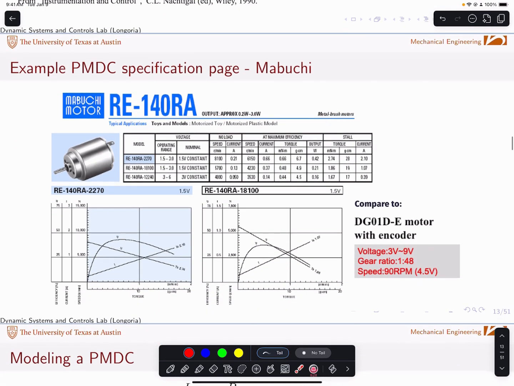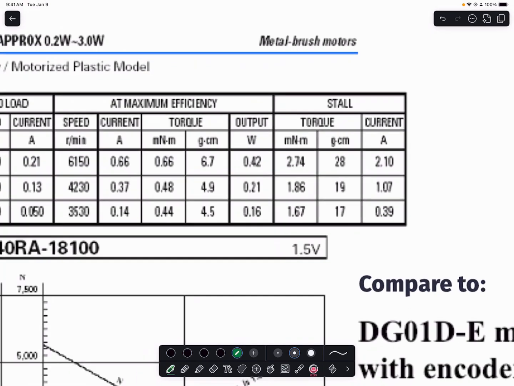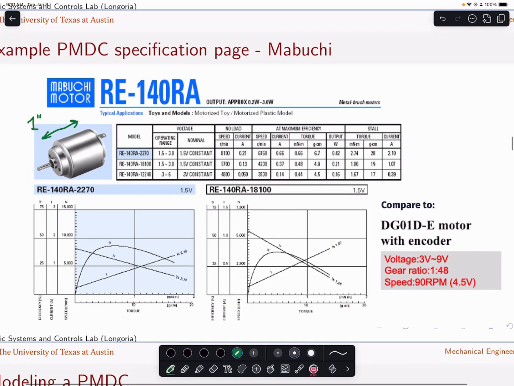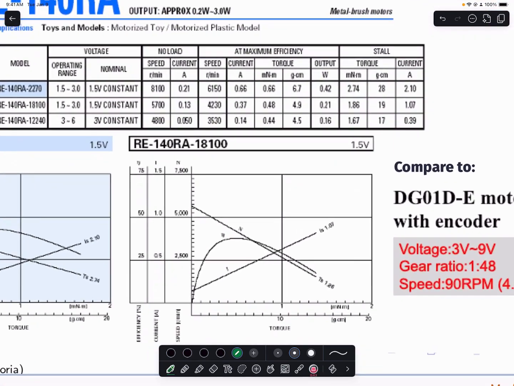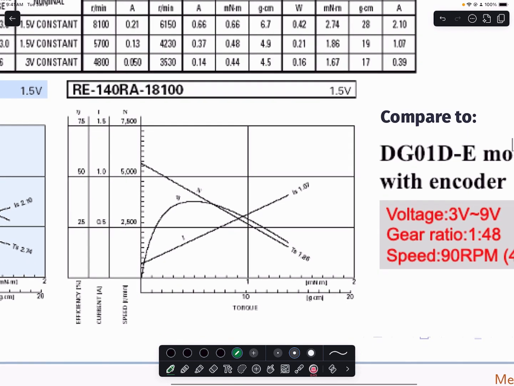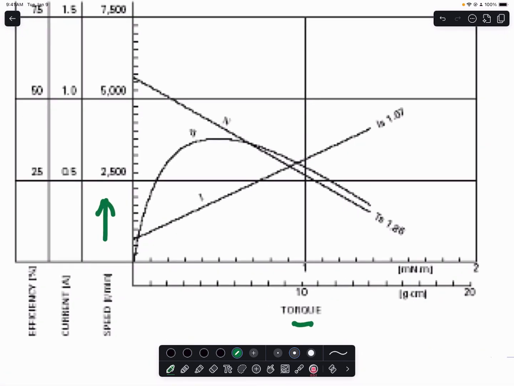Here's an example of a very small toy motor. This Mabuchi motor, I'd say the size here is about 1 inch, and very low power. You can see not even half a watt. Take a look at this characteristic here. This is plotting torque on this axis versus speed here. It's kind of hard to read, but I think that is RPM.